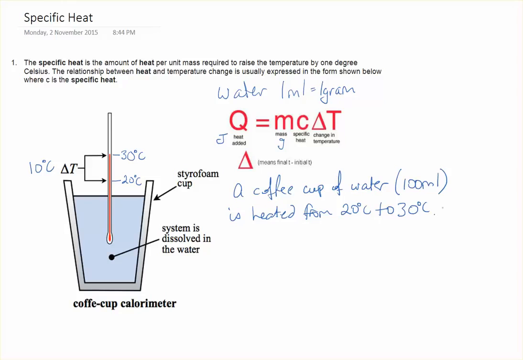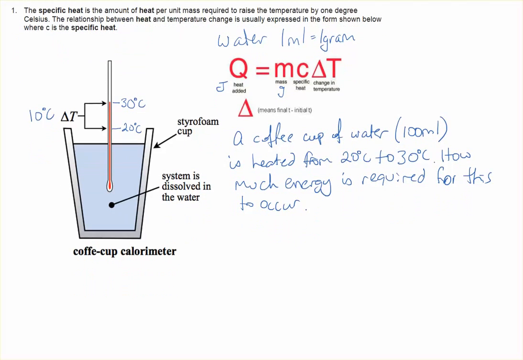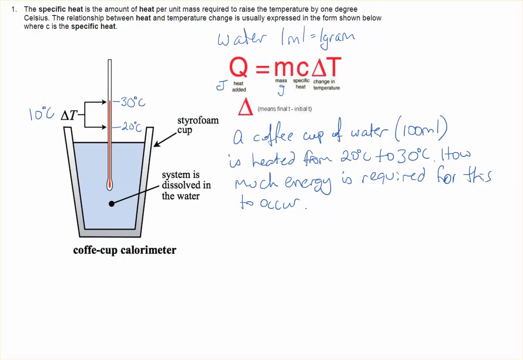And we want to work out how much energy is required for this to occur. So we're going to use that formula where Q equals mc delta T, and we're going to plug in some values. But first thing that we need to know now is the specific heat of water.